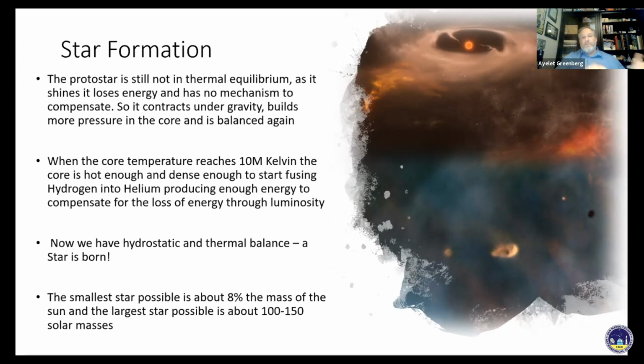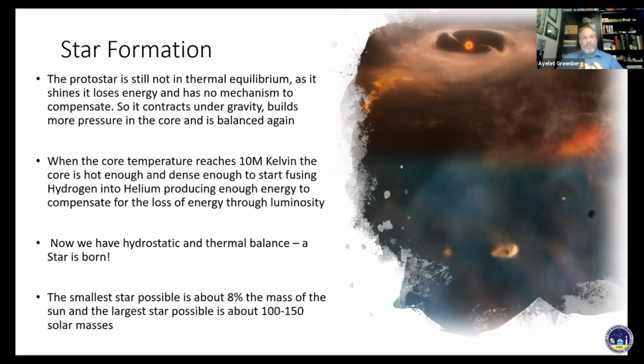Again, it could be for 10,000 years, it could be for 1 billion years, up to the point where the core gets so hot that it crosses 10 million degrees Kelvin. At this point, we're now dealing with a core that is both hot enough and dense enough, because of all the contracting it went through, to enable the conditions that allow protons to start smashing into each other. They're overcoming their electromagnetic repulsion.